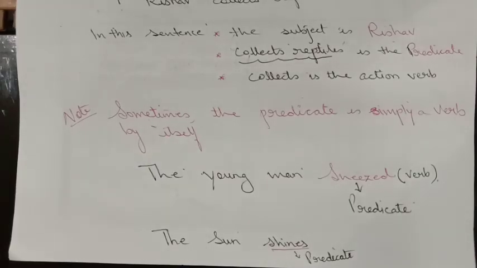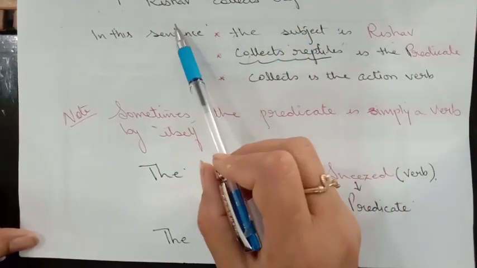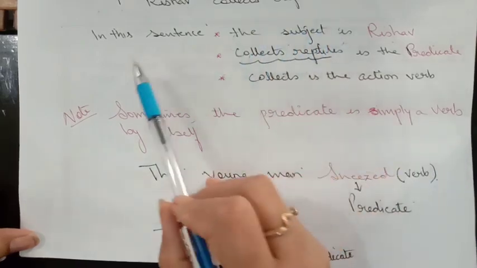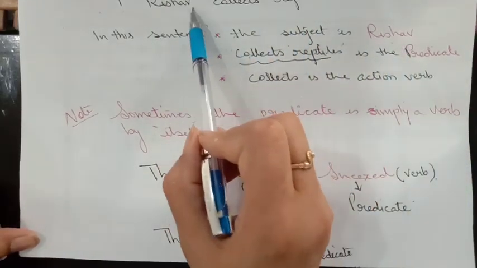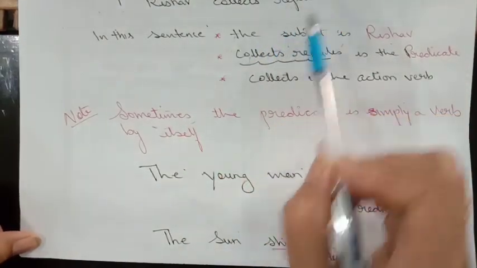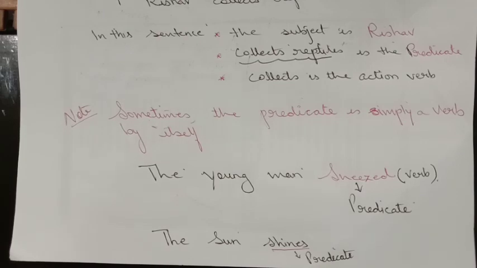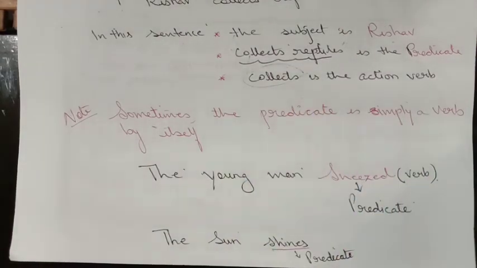For example, if you say Rishabh collects reptiles, the subject is Rishabh. Collects reptiles is the predicate. And what is the verb here? Collects. It is the action word. Sometimes the predicate is simply a verb by itself.